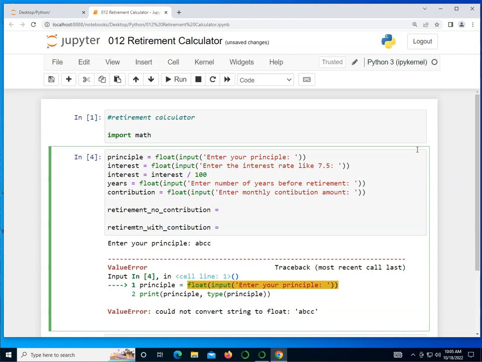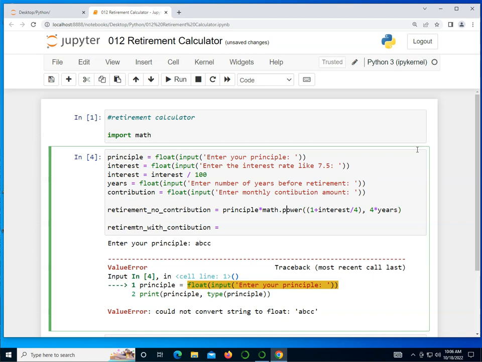Now over here, this is going to be the principal times math.pow, that's exponentiation, and this takes two parameters basically. The first parameter itself is going to go in parentheses, and I do want to raise this to a power. This is going to be 1 plus interest divided by 4, and the exponent is going to be 4 times years.